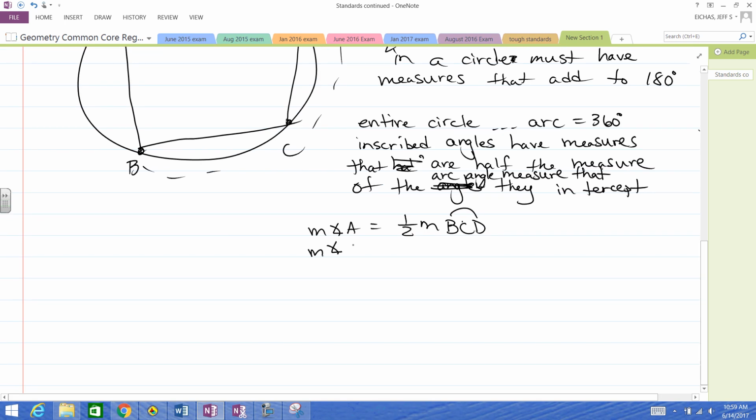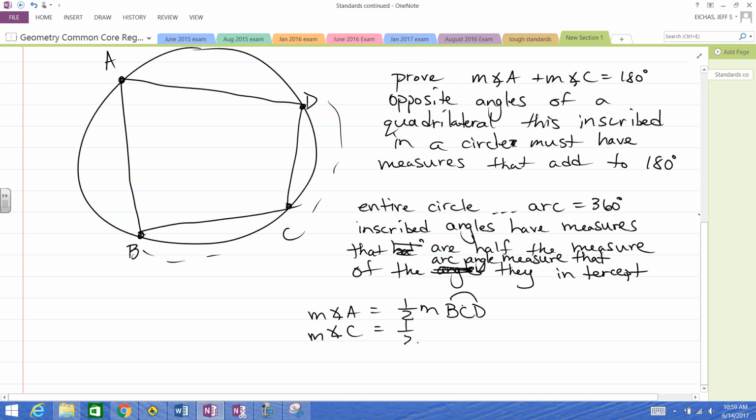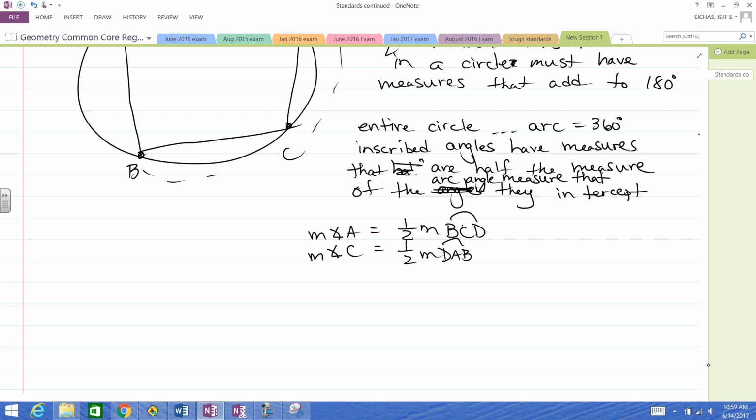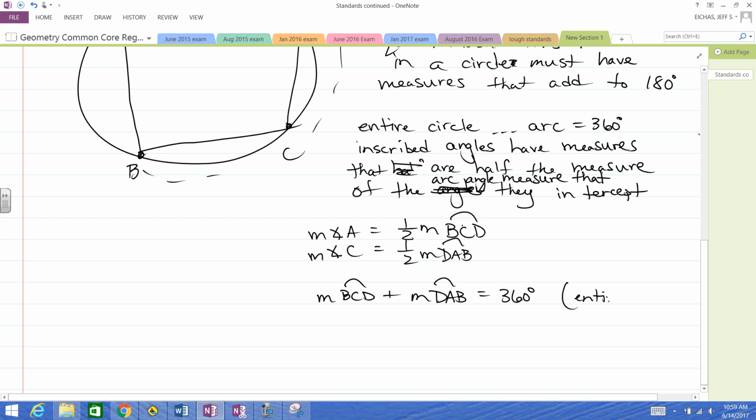Measure of angle C, using our inscribed angle idea, is half the measure of arc, and let's go this way, DAB. All right, so we'll come back to that. Now, the measure of arc BCD plus the measure of arc DAB is 360. That's because it covers the entire circle.